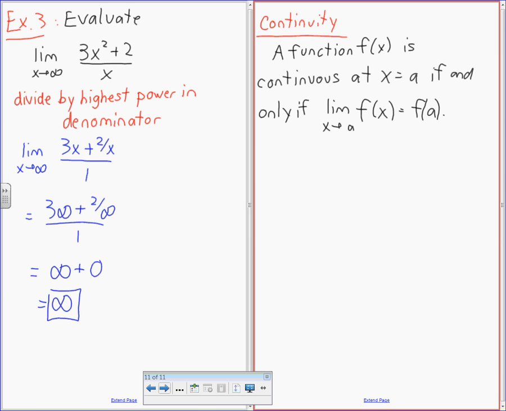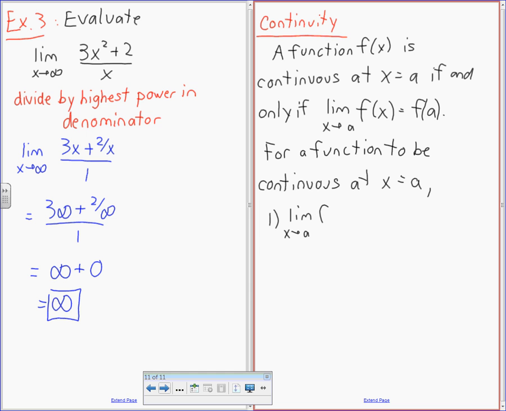So for a function to be continuous at x equals a: number 1, the limit as x approaches a of f of x exists.